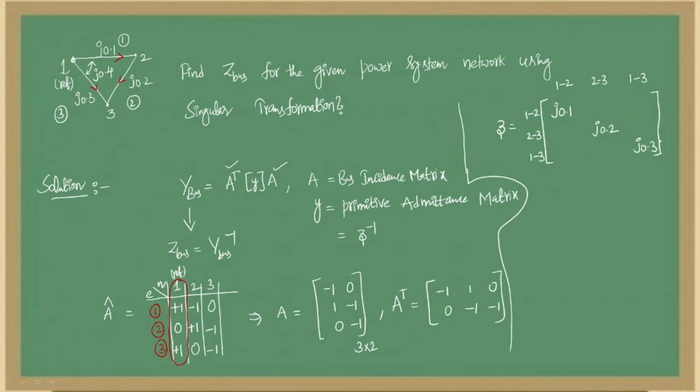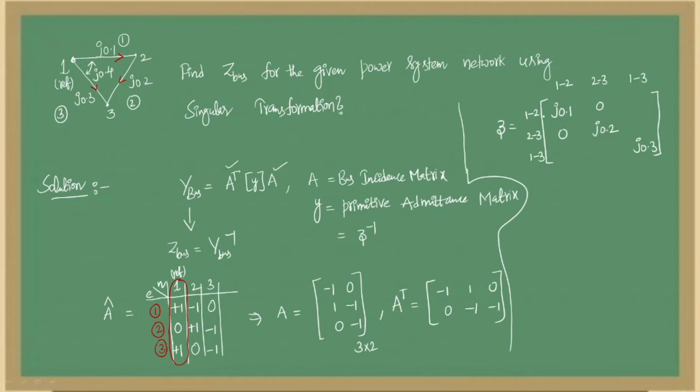Now coming to the off diagonal elements, if you have mutual impedances, the values are non-zero. If you don't have any mutual impedances given in the problem, you can consider them as zeros. If you observe the given power system network, there is no mutual impedance given between the elements connected from 1 to 2 and 2 to 3. Hence, this value is 0 and also this value is 0.